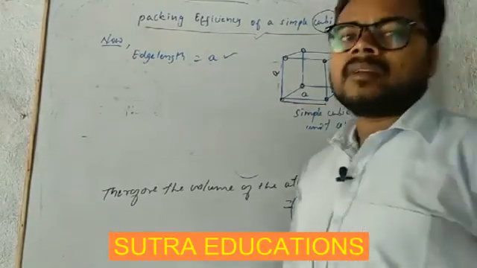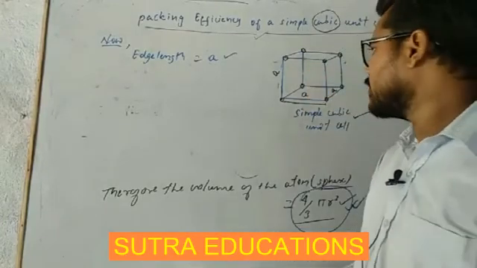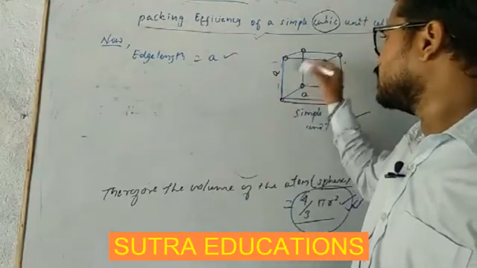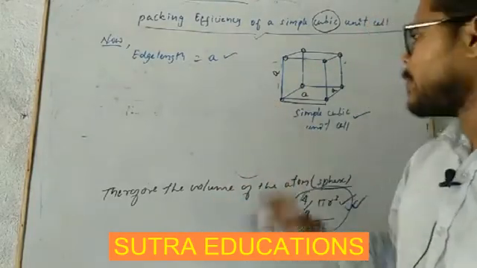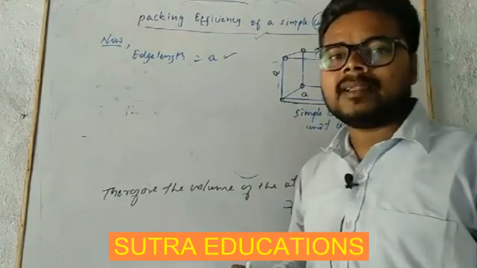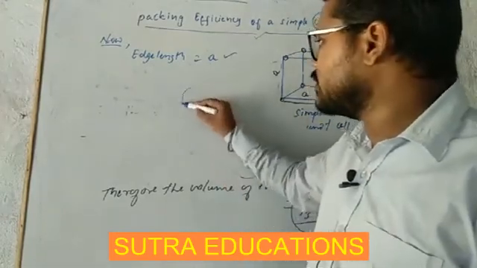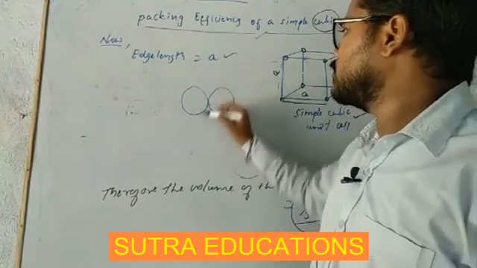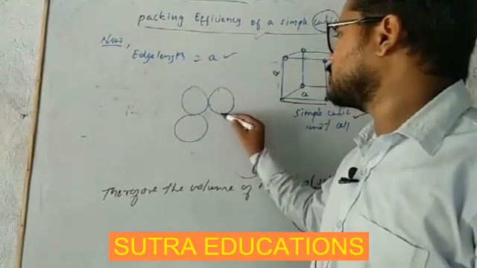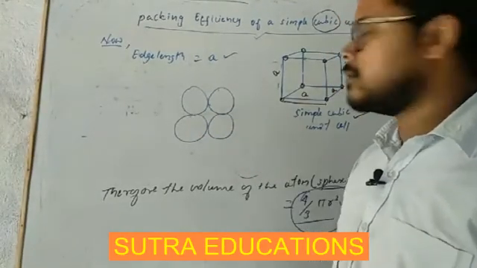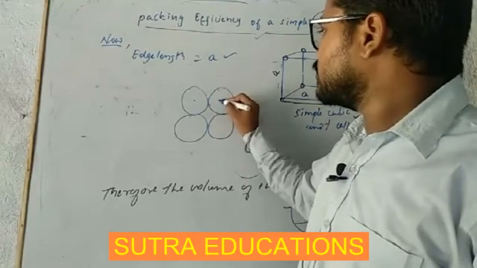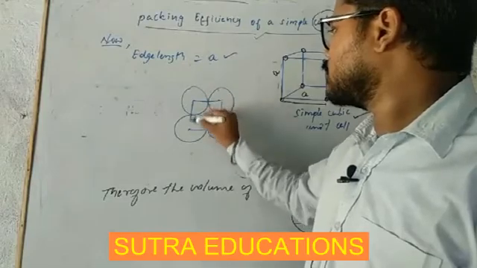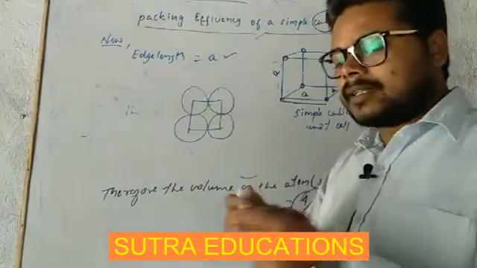And you have to simply think over it. I have told you earlier, if it is a simple unit cell, then corner atoms touch each other. Corner atoms touch each other like this.